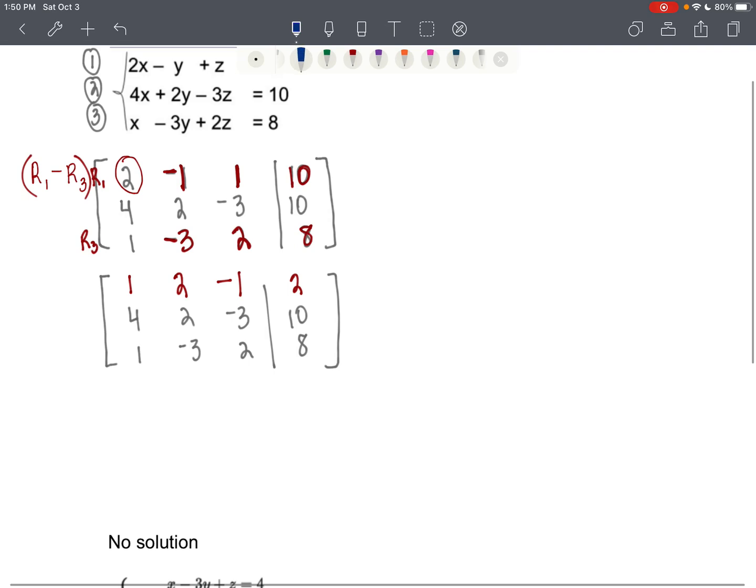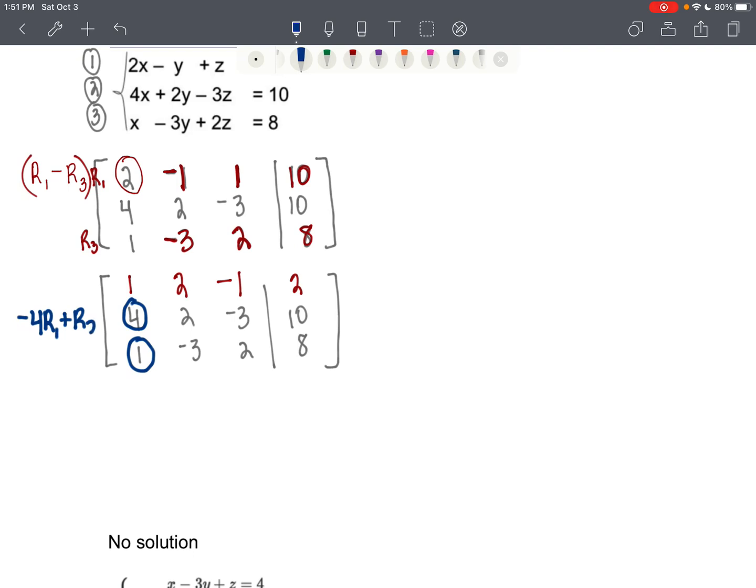Now we need zeros in these two positions. So I'm going to do that in one step. I'm going to take -4 times row 1 and add it to row 2. That's going to replace the existing row 2.